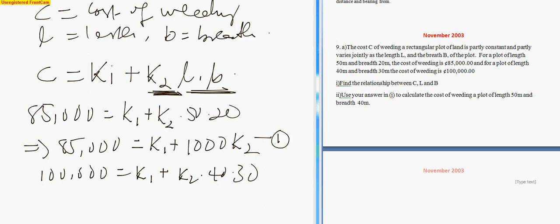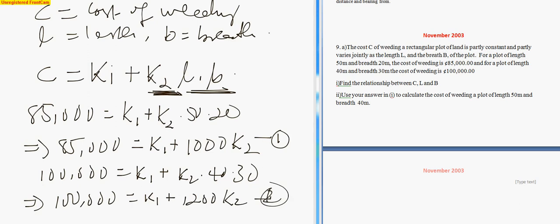We are given the length as 40 and the breadth as 30. So this implies that 100,000 is equal to K1 plus 1,200 K2. We're going to call this equation 2. So you have equation 1 and equation 2.